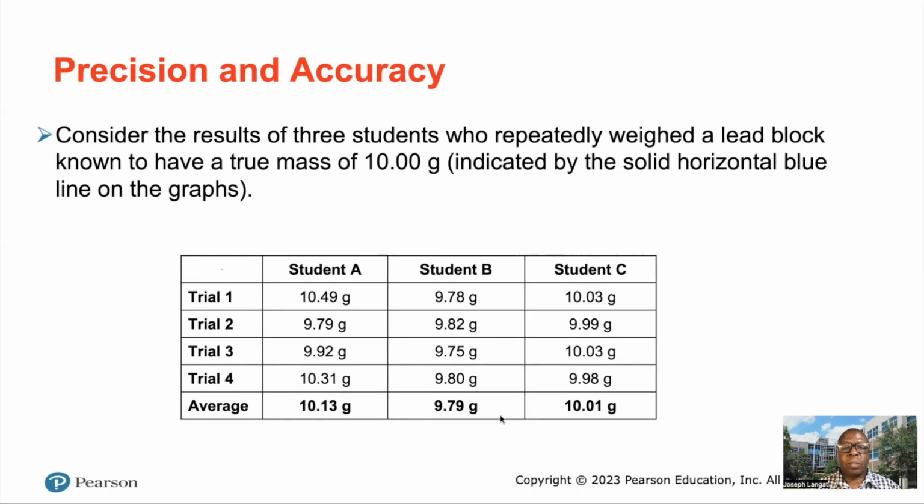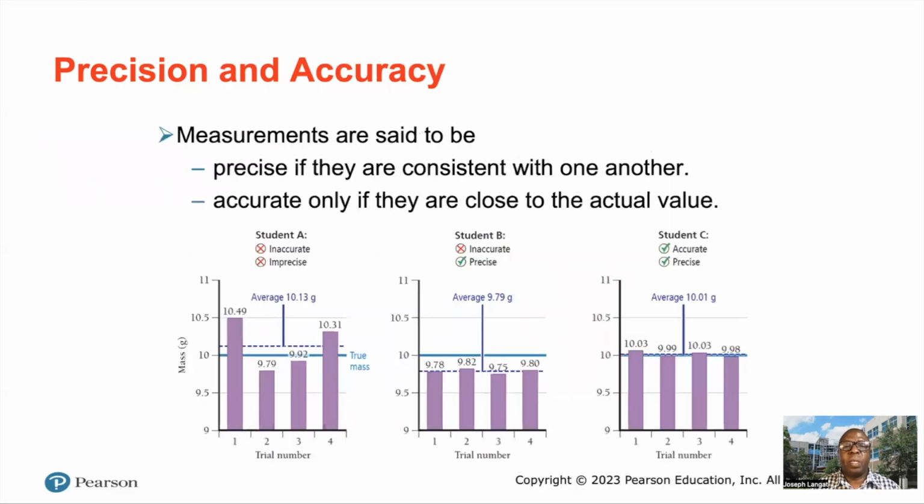If you are asked which student is accurate, precise, graphically you see student A is inaccurate and imprecise because we are comparing to the true value. You see the mass. Student B is precise. You see, everything is around 9, below the true value. So it's precise, but not accurate.